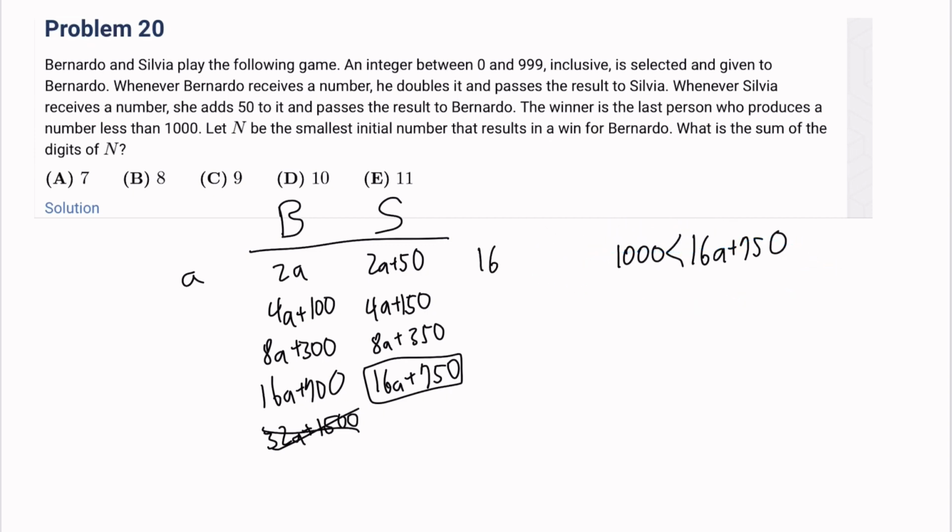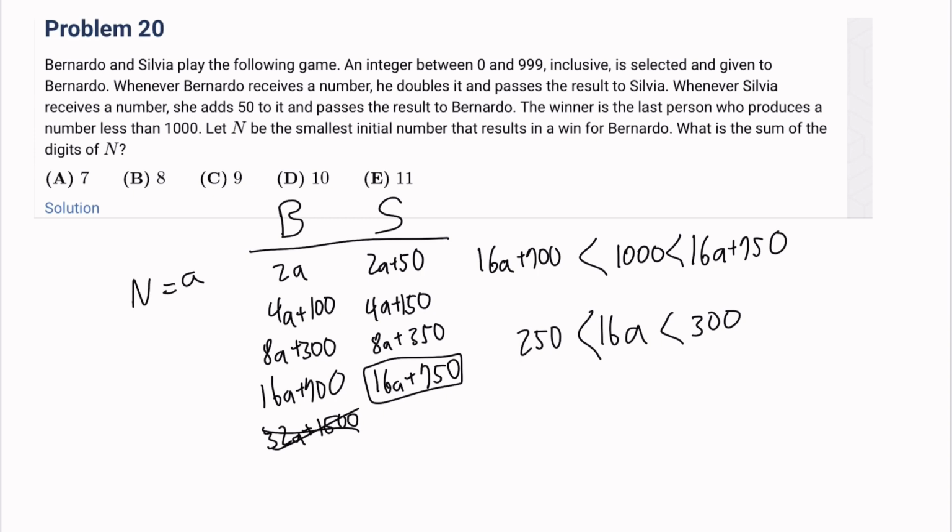So 16A will be greater than 1000 minus 750, which is 250, and less than 300.